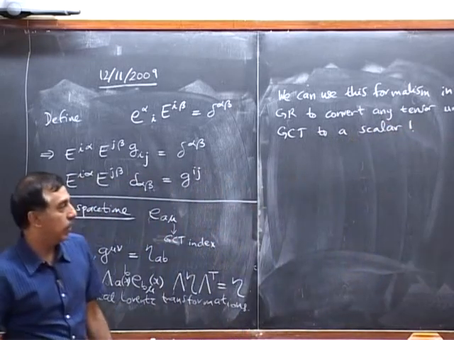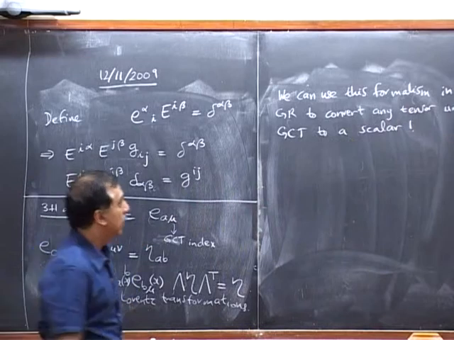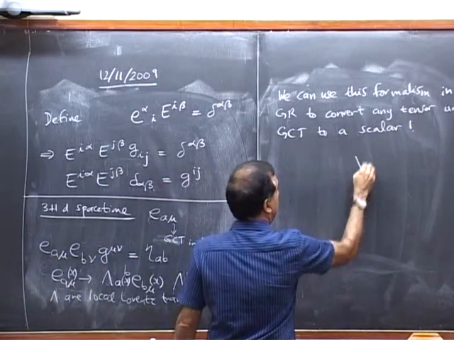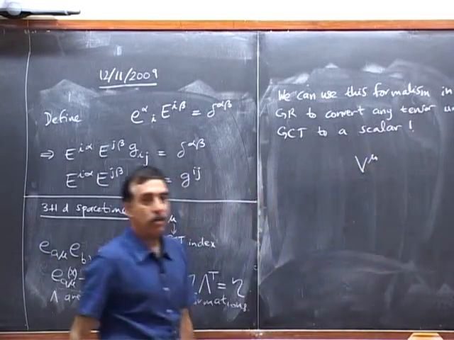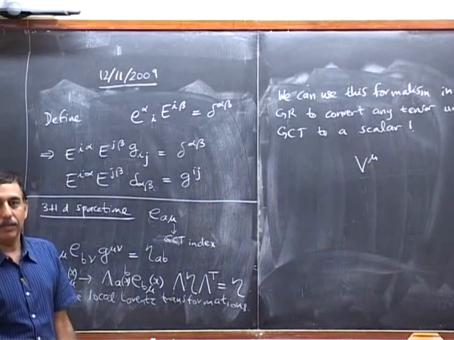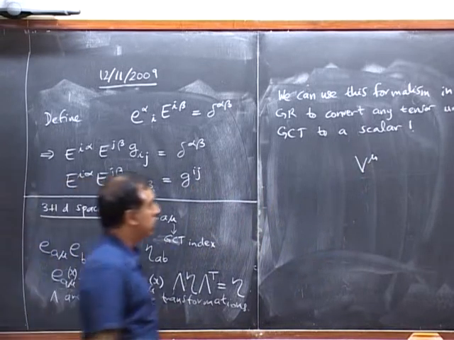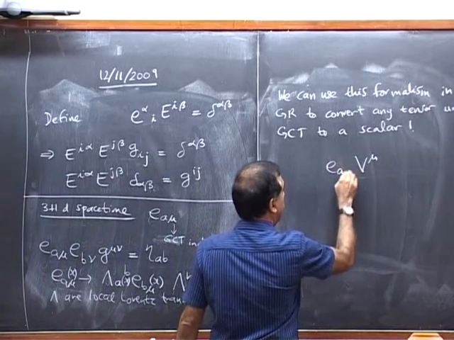Isn't that wonderful? We don't have to deal with GCT tensors. Here's an example. Take V upper mu. So it's a contravariant vector. We know how it transforms under general coordinate transformations. Multiplied by E^A_mu.